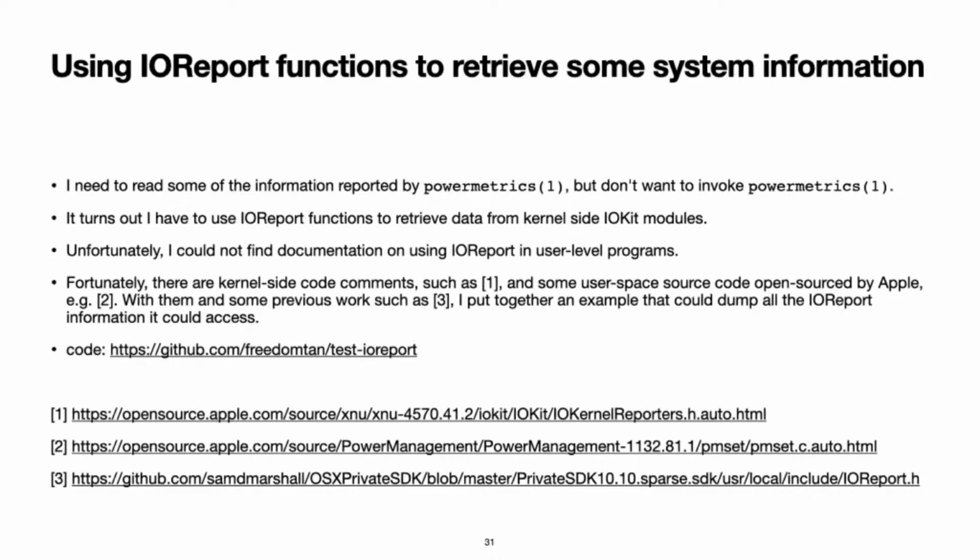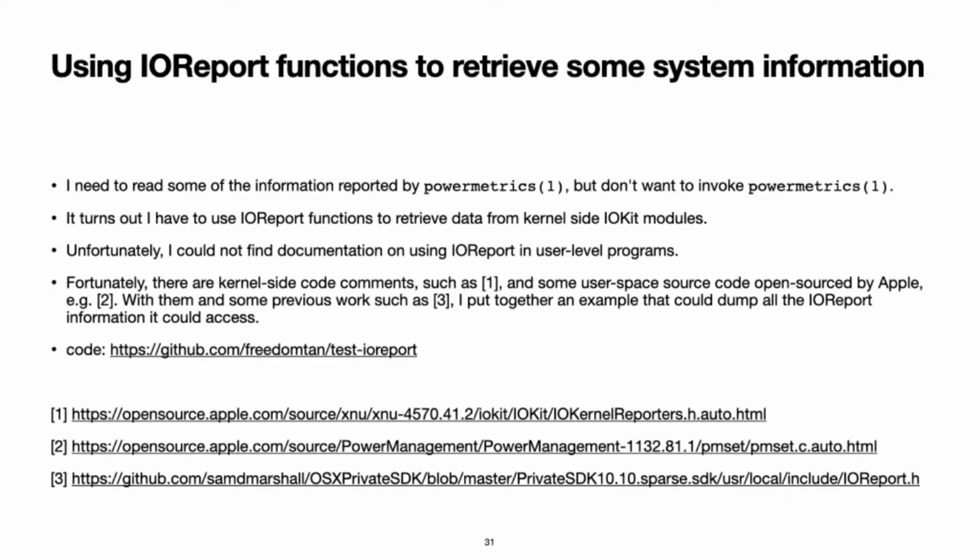IOReport. The other day, I needed to read some of the information reported by powermetrics. I think I could not find some of the information elsewhere, but I don't want to keep invoking powermetrics because powermetrics must be invoked as a superuser. It turned out that I have to use IOReport functions to retrieve data from kernel-side IOKit modules.